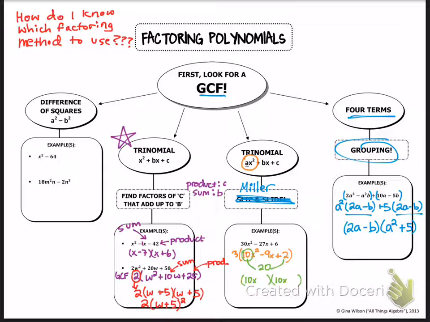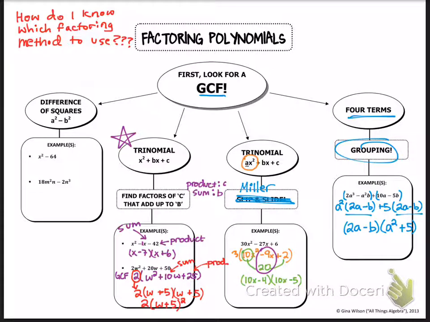Then I need you to think about which two numbers give me a product of positive 20, but a sum of negative 9. I'm going to give you 3 seconds to think about that. If you said negative 4 and negative 5, that's good.